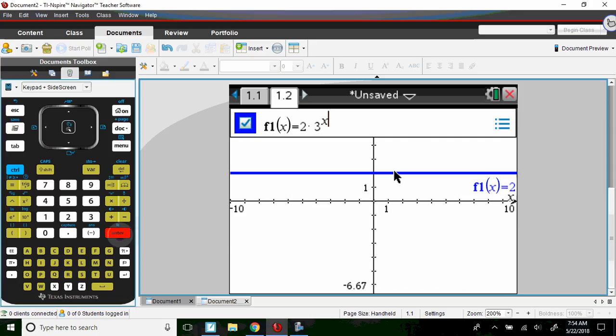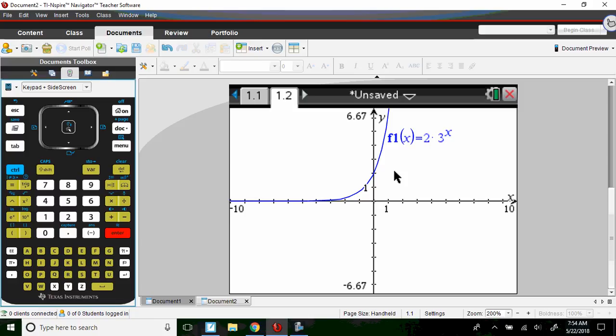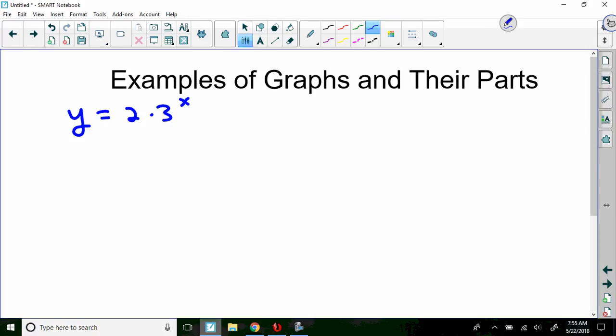So when I go ahead and graph that, there's a couple things I want you to notice. I want you to notice from left to right, does that graph increase or decrease from left to right? What'd you say? Increase, good. And when it's increasing, there's a couple of words that we throw around with exponential functions.